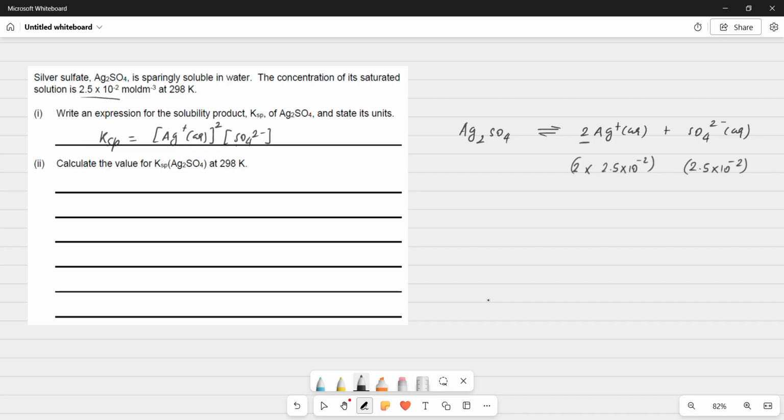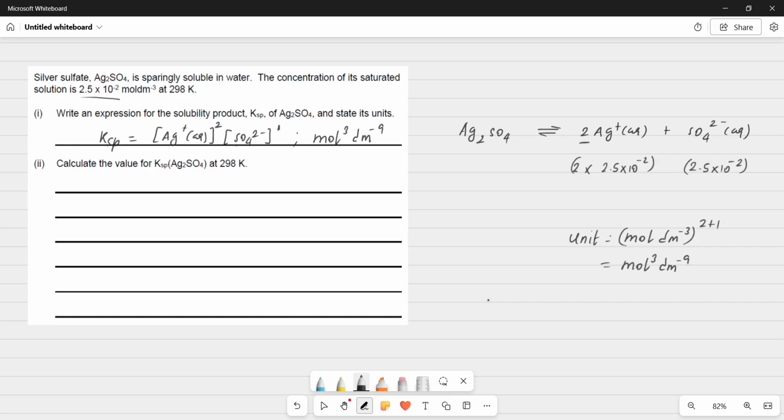So if I want to write the unit, it will be equal to mole per decimeter cube to the power 2 and 1. Here it is 1, right? 2 plus 1. So it is going to be again mole to the power 3 dm to the power negative 9. So the unit is mole to the power 3 dm to the power negative 9.